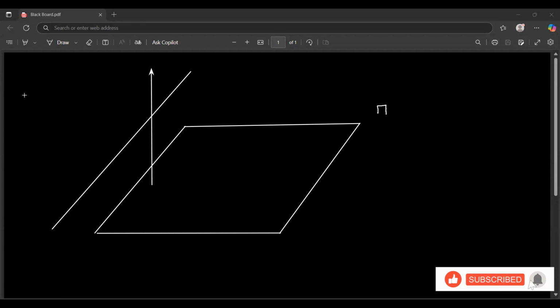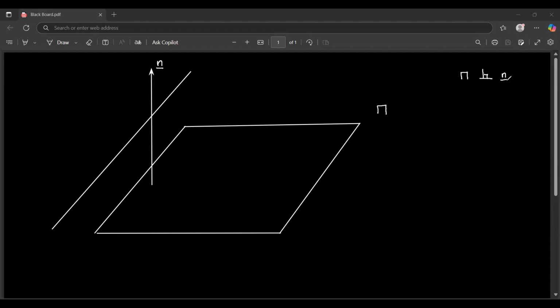Let's say this is the normal vector n. If pi is perpendicular to the vector n, and if the line, let's say this is the line L, is also perpendicular to n, we can say L is parallel to pi.